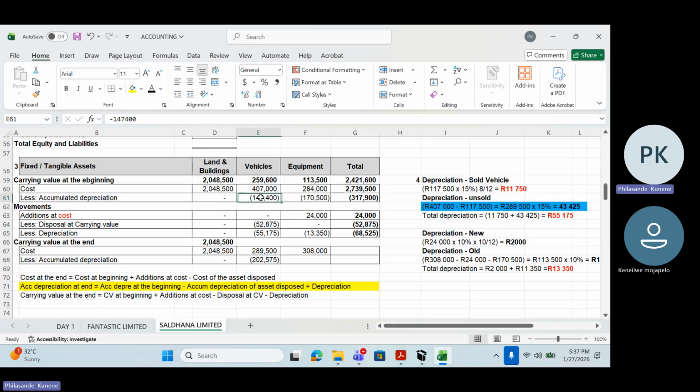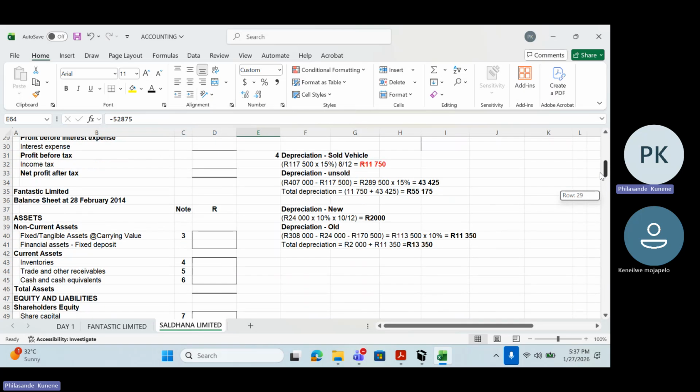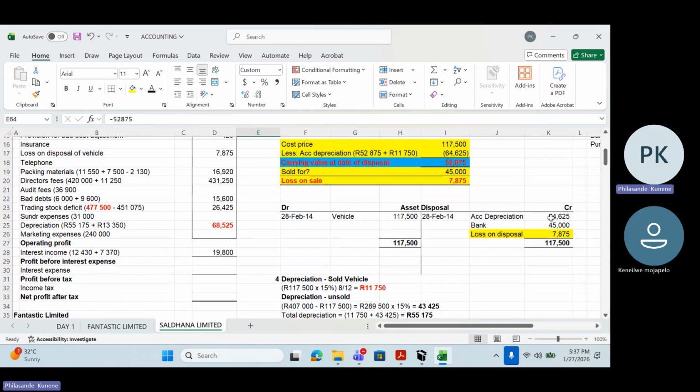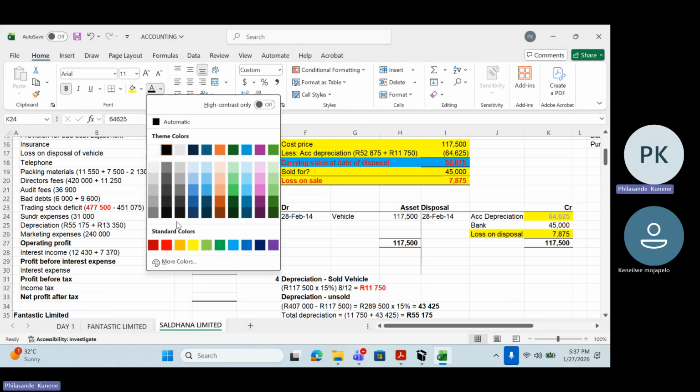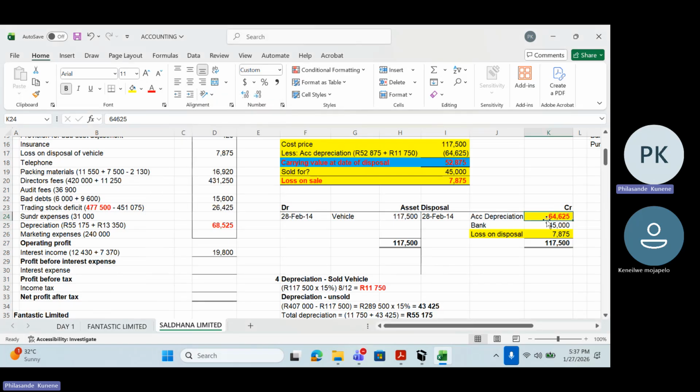Now you need to go to your asset disposal account and get the accumulated depreciation of the asset disposed. How much is it? 64,625. You can see it there as well, we also calculated it.